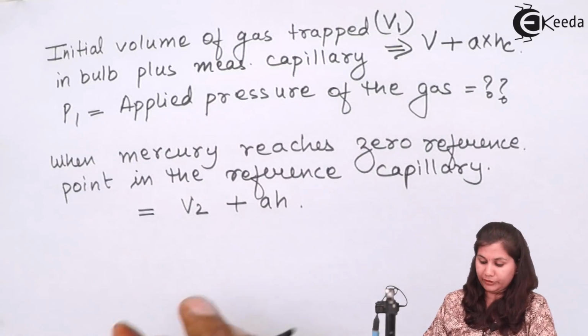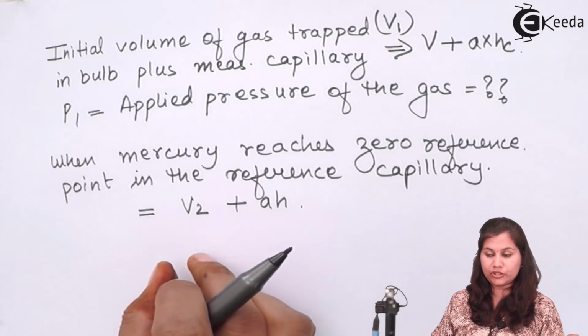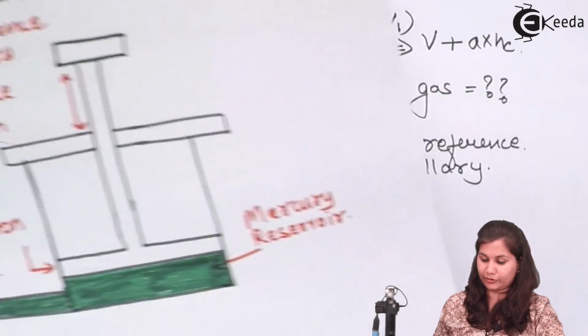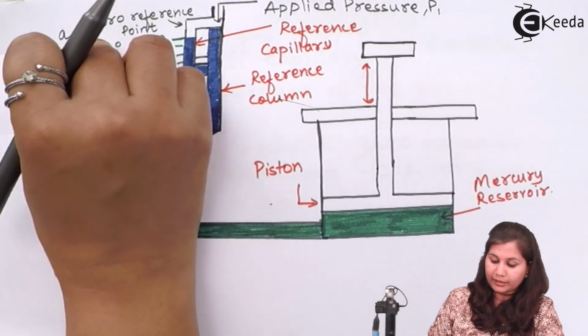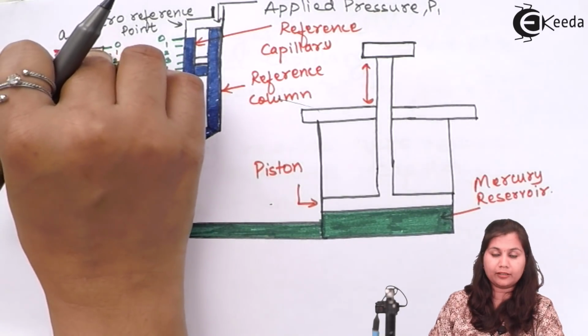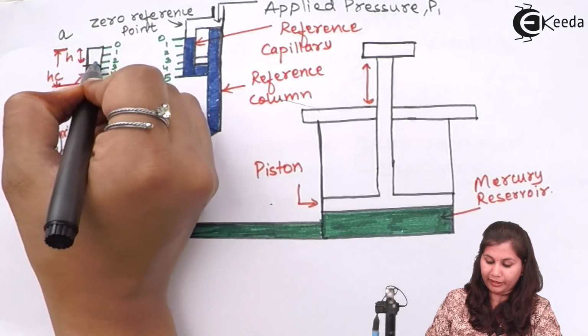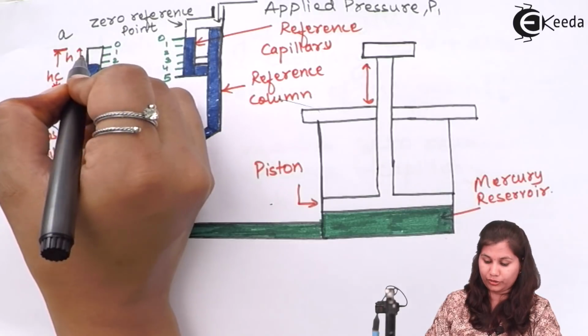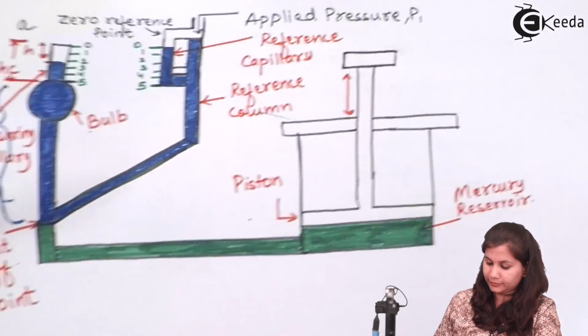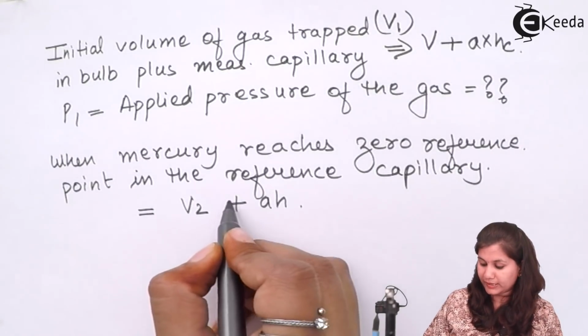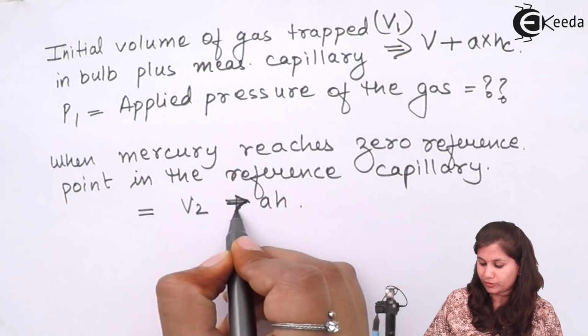Okay, V2 means the volume of the gas which is trapped. This much volume is present here. H is the height, A is the area of cross section. So we have found this AH, and V2 is equal to AH.